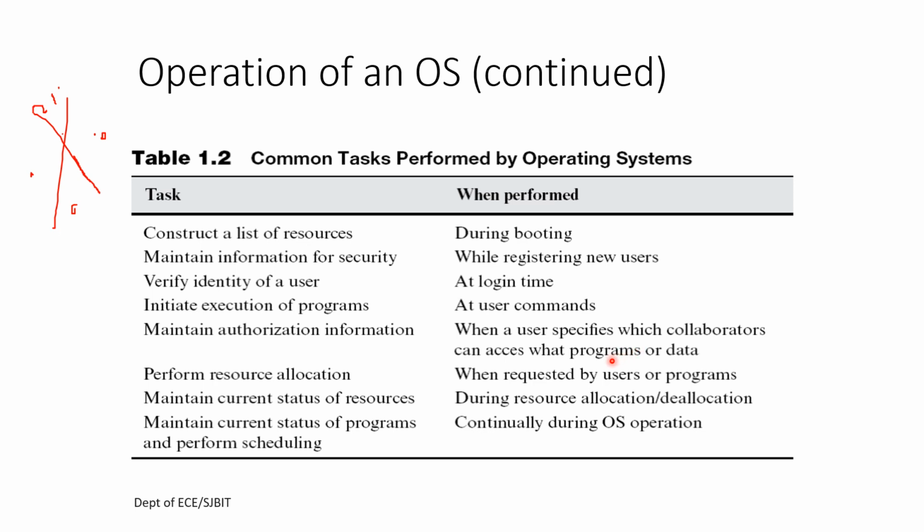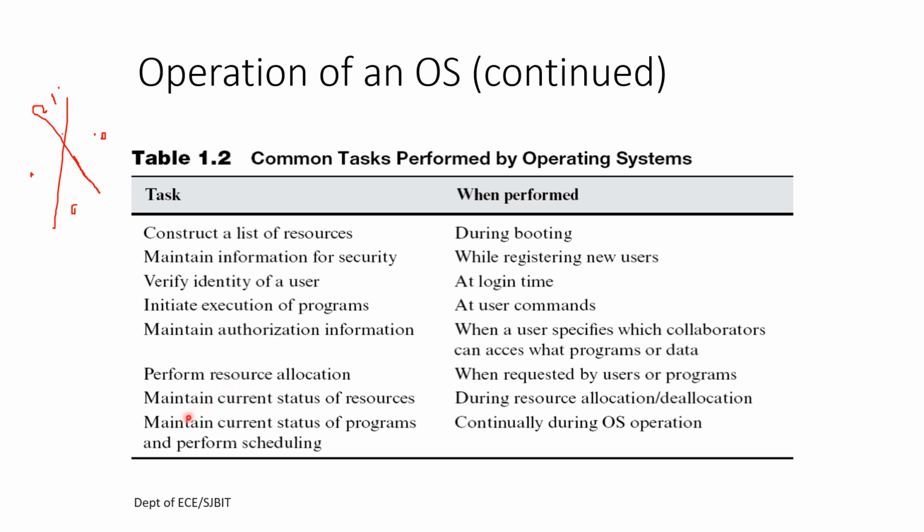That time this task will be performed. And the next one is perform the resource allocations. When will it be performed? During the execution of the program or on a request from the users.